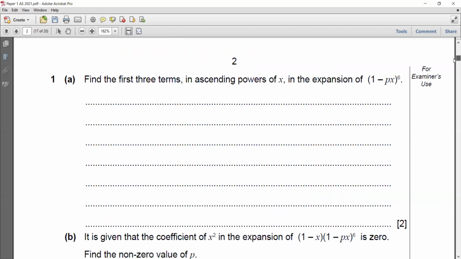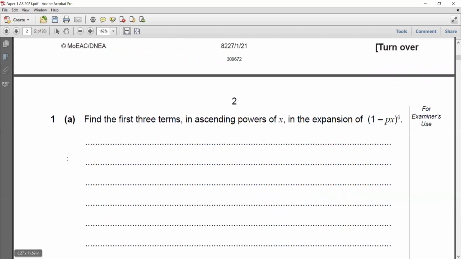So with the first one, we have to find the first 3 terms in ascending powers. Ascending just means the powers of x are going up, so you start from 0, 1, 2, 3, and so on. In the formula sheet, you will take note that we are given the binomial expansion formula, (a plus b) to the power of n.